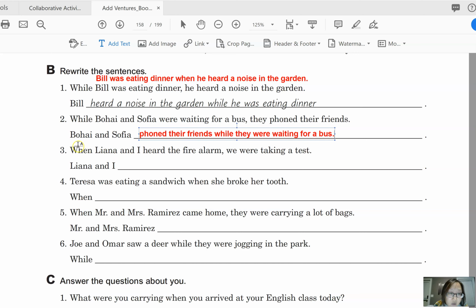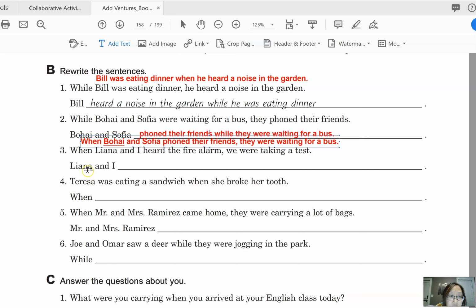Okay, and I also asked you to make another sentence using the other adverb. So instead of while, we can use when. So we can say, Bohe and Sophia phoned their friends. They were waiting for a bus.